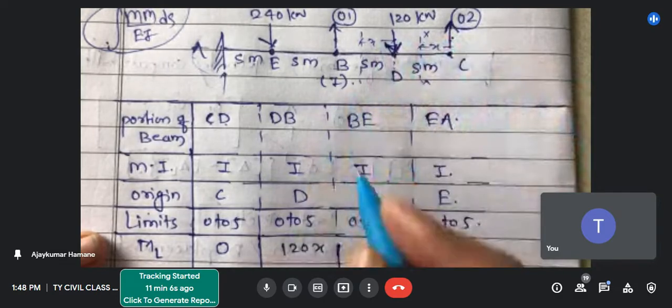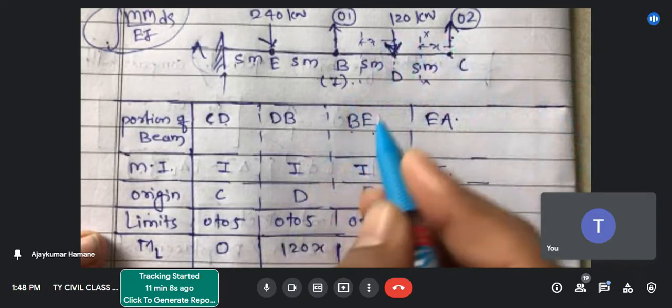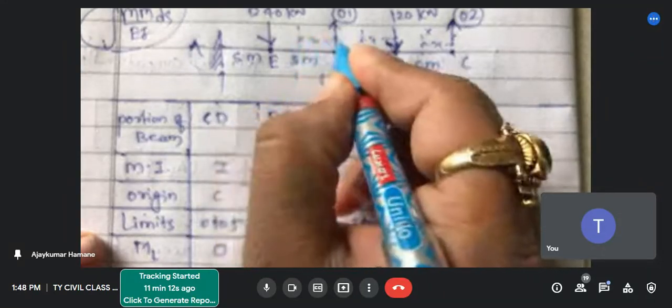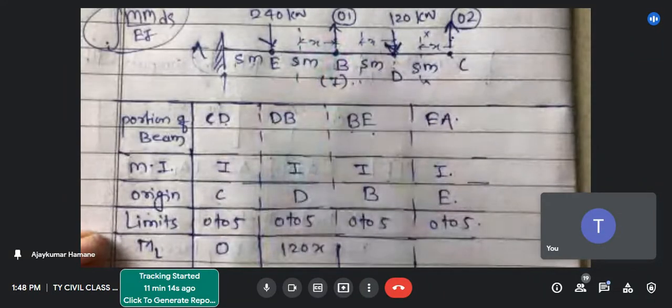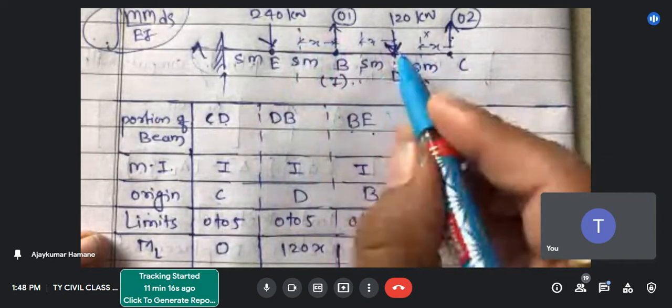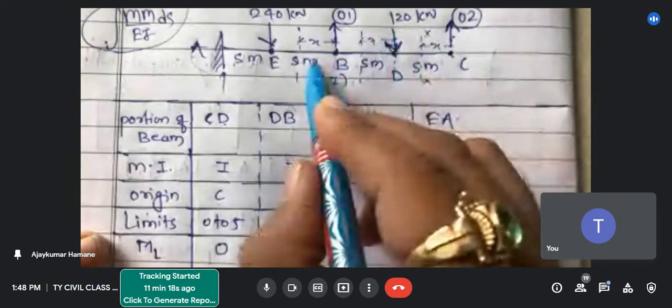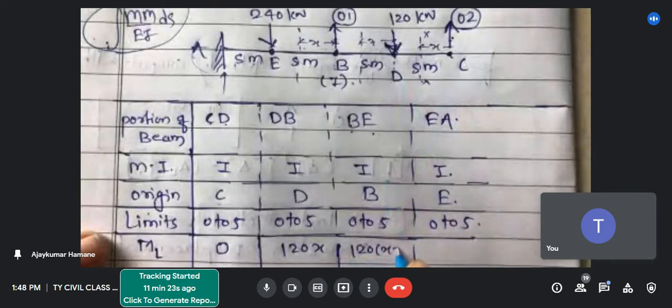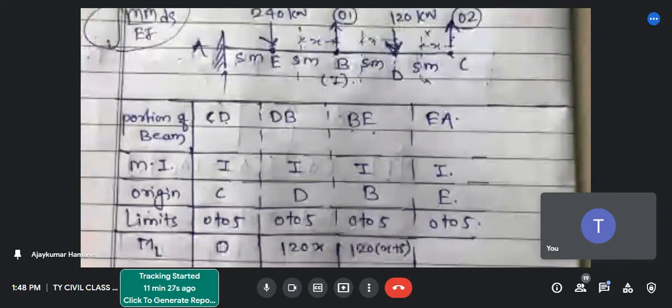Next one. Now if I take BE as a span and I take a section and B as origin, x from the B, what is the moment due to the load? 120 x plus 5, correct?